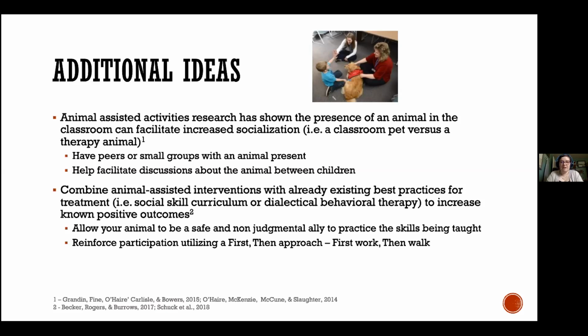And in addition to increasing the positive outcomes that the best practice is targeting, I think there have also been additional gains of confidence and socialization, regardless of what that intervention has been. So it really allows your animal to be that safe, non-judgmental ally to practice the skills being taught, as well as creating that safe space to even engage with the curriculum, I think, at a deeper level.